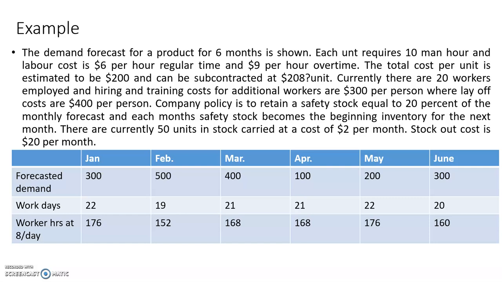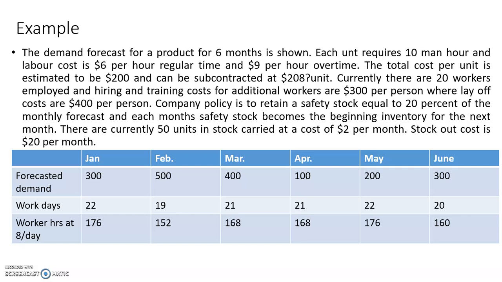The total cost per unit is estimated to be $200 and can be subcontracted at $208 per unit. Currently, there are 220 workers employed, and hiring and training costs for additional workers are $300 per person, where layoff costs are $400 per person.